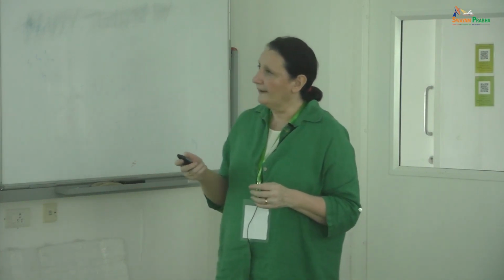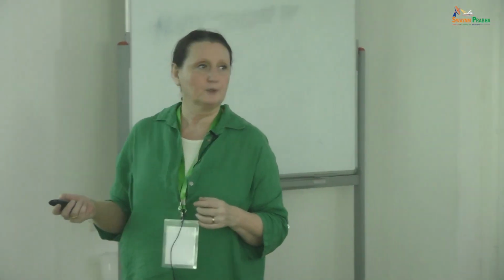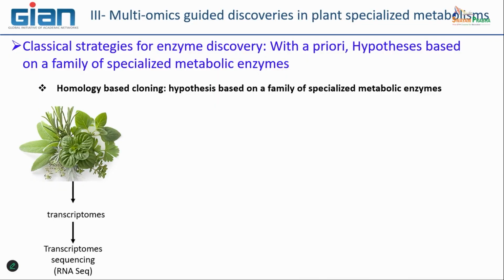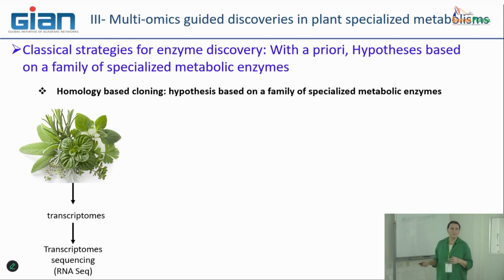A second way, which is also based on the use of a transcriptome, is homology-based cloning. It means that when you have different medicinal plants, you can extract the transcriptome, and then, by several techniques, you can sequence all the transcriptomes. So you have this information at this moment.